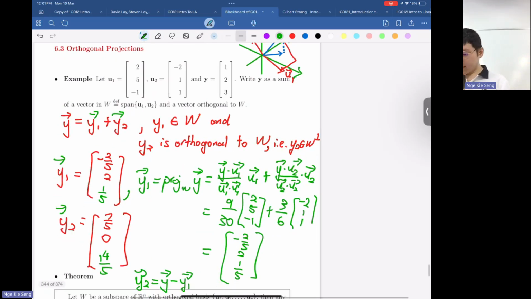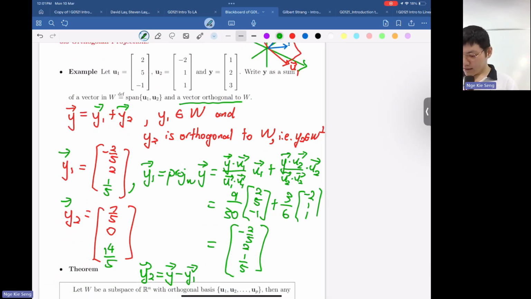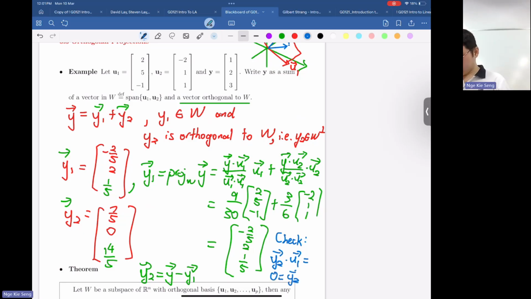We need to make sure that this vector, this y2 here, is orthogonal to W. So take your y2 and dot with your u1. It should be equal to 0. Similarly, when you dot it with u2. This is the checking you can do to make sure you get the right projection.